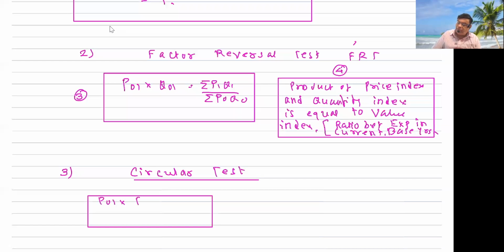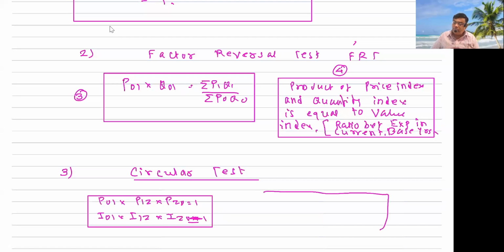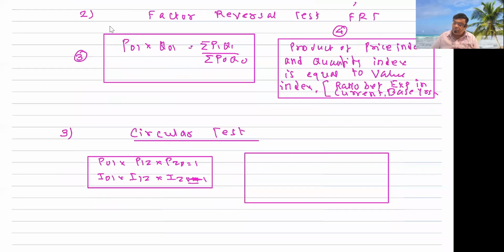P01 into P12 into P20 is 1, or I01 into I12 into I20 is 1. In the verbal form, tell me what does it mean?